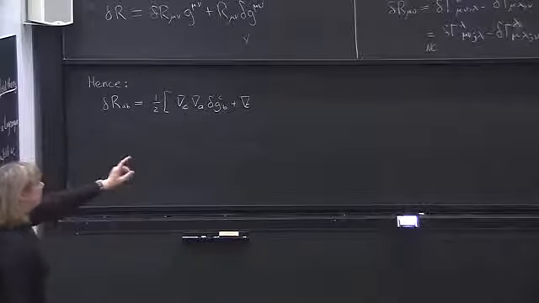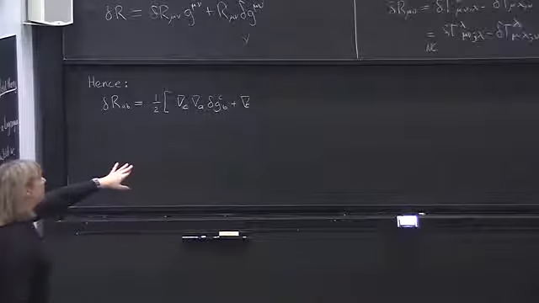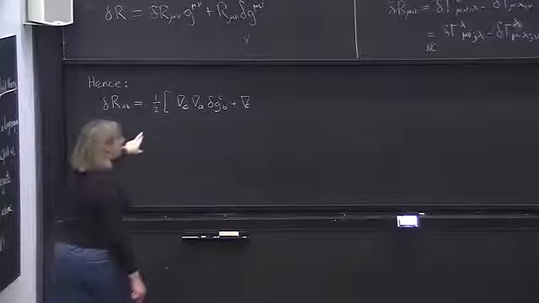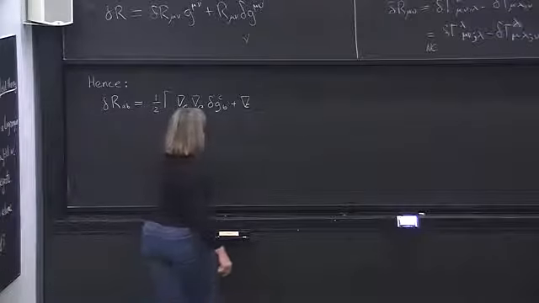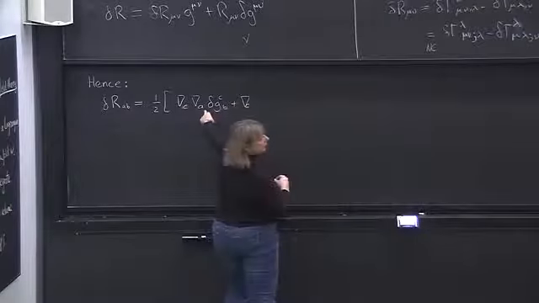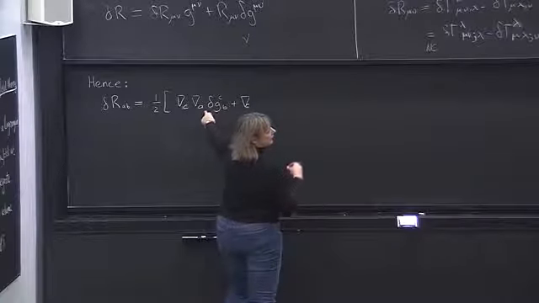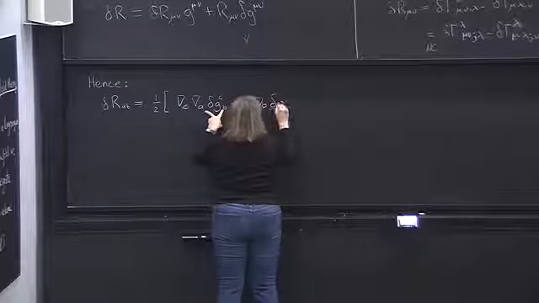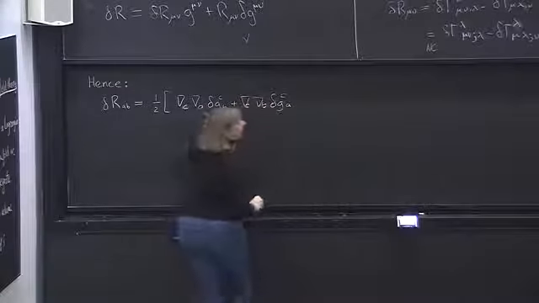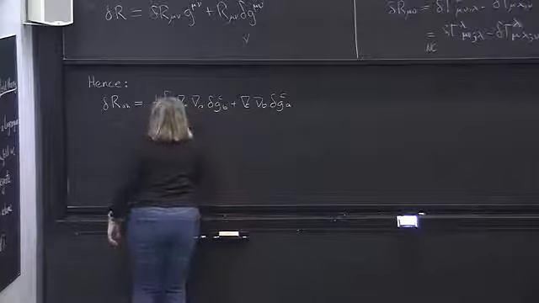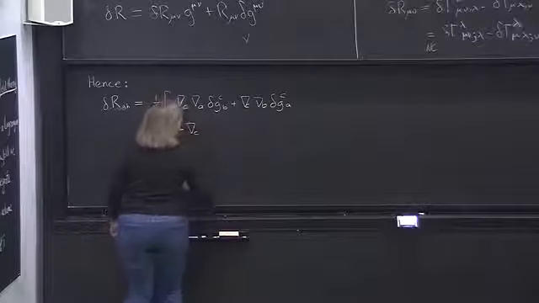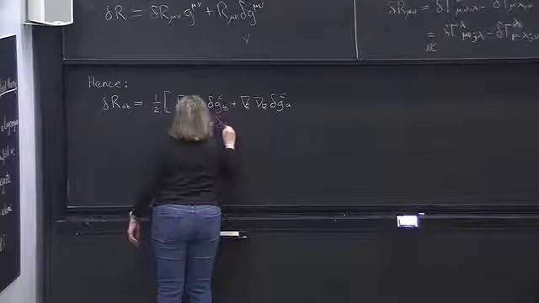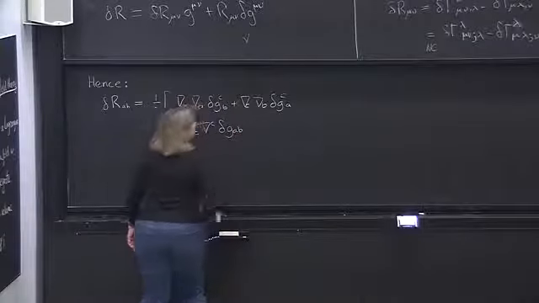Okay, so delta R is grad C of delta gamma CAB. So I just have to look. So that first term is in fact right. So here the second piece is swapping the A and the B. Then I've got a minus. That's the first piece.